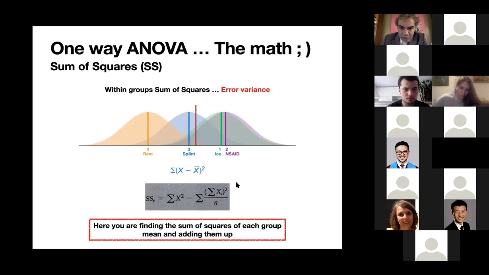Okay? I'll add my group mean of group 4, my group mean of group number 3, my group mean of group number 2, and my group mean of group number 1, and I'll just subtract all the scores. It's very easy. And that's my error variance.